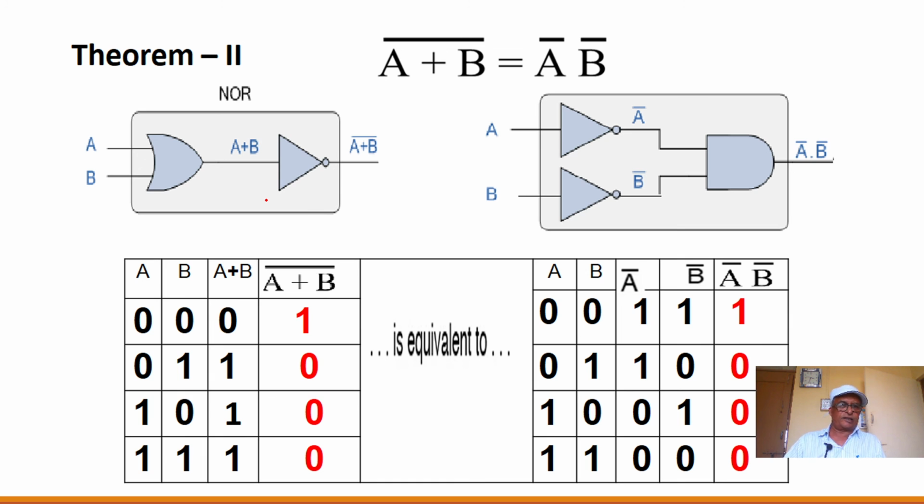Now let us consider the De Morgan's second theorem. In this theorem the statement is complement of A or B is equal to product of complements.